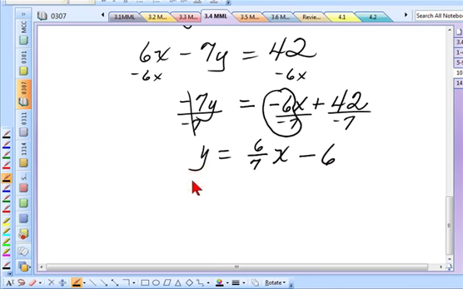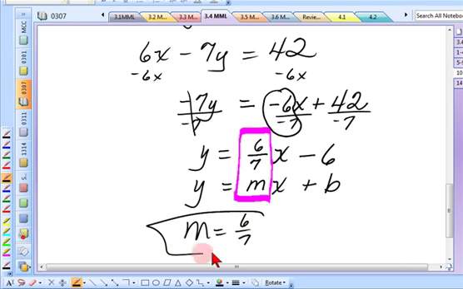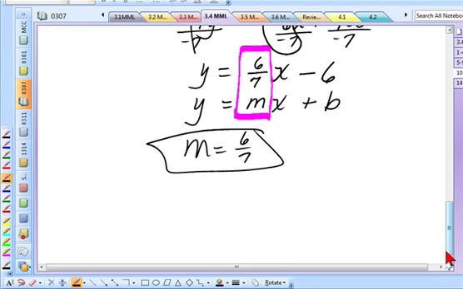This equation is now in the form y equals mx plus b. So if I ask you the question, what is the slope? How will you answer? Yes, slope is 6/7. And that's all the question asks.